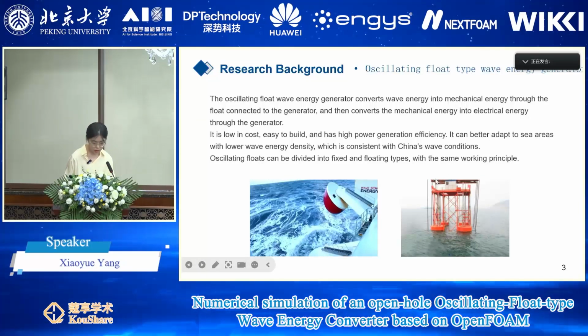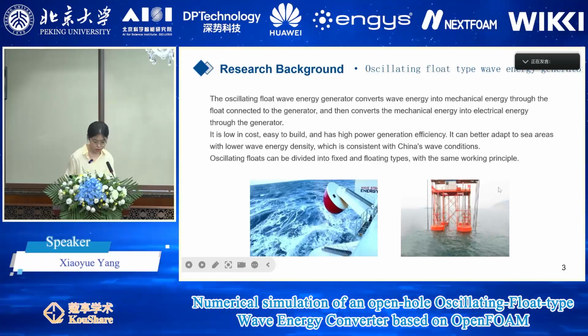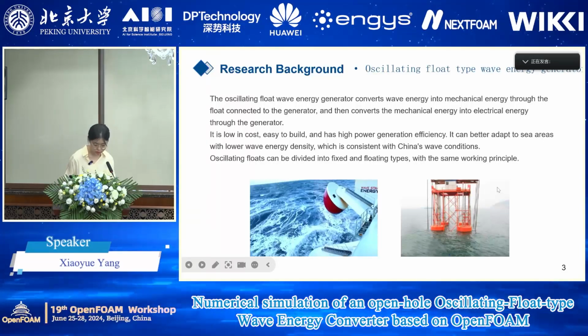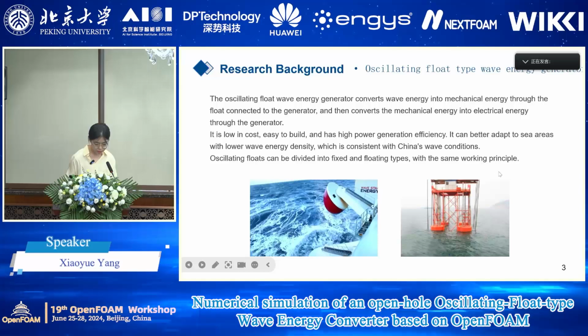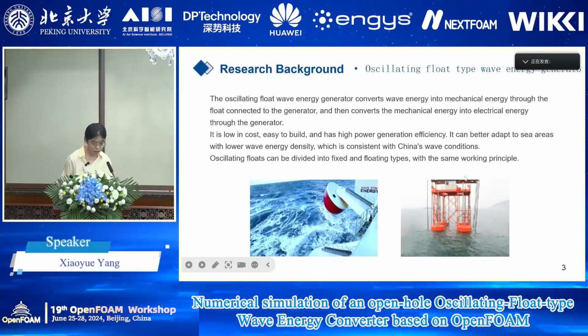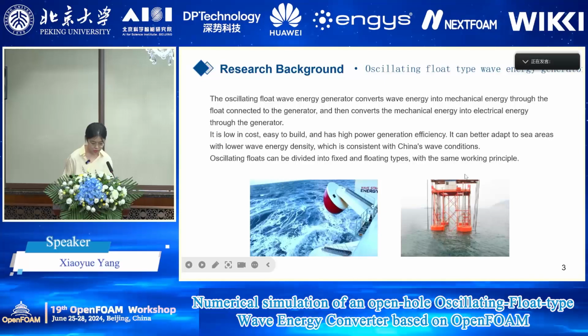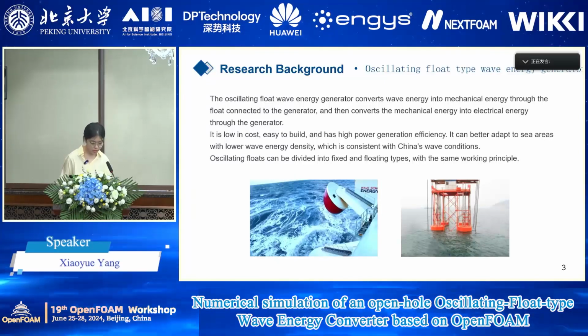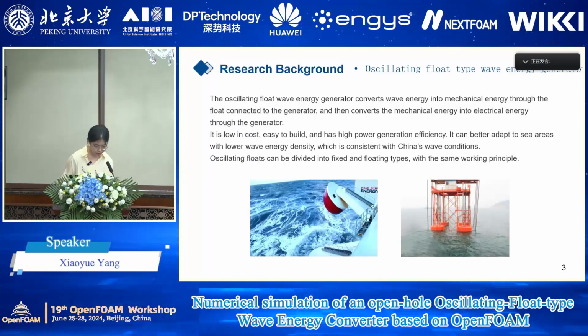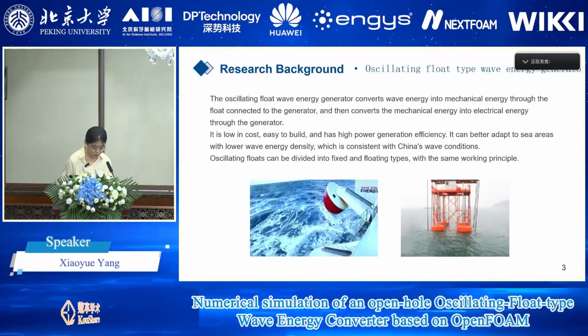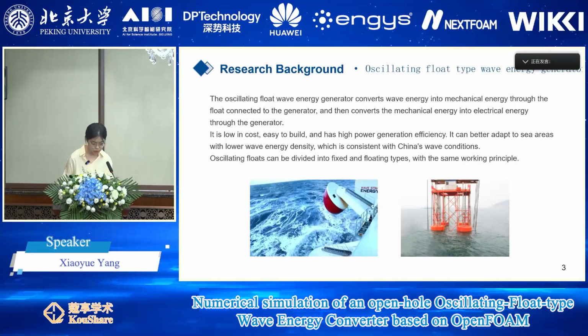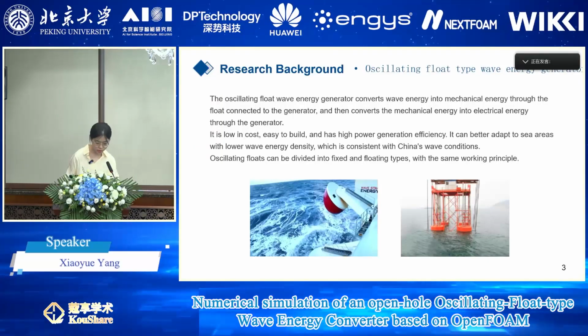It is low in cost, easy to build, and has high power generation efficiency. It can better adapt to sea areas with lower wave energy density, which is consistent with China's wave conditions. Oscillating floats can be divided into fixed and floating types with the same working principle.